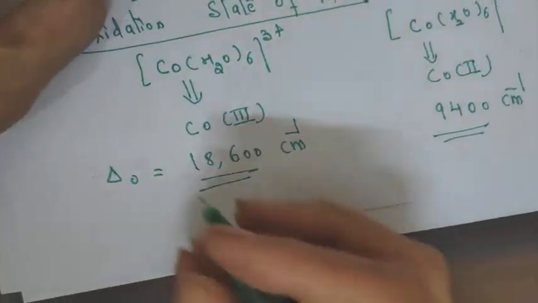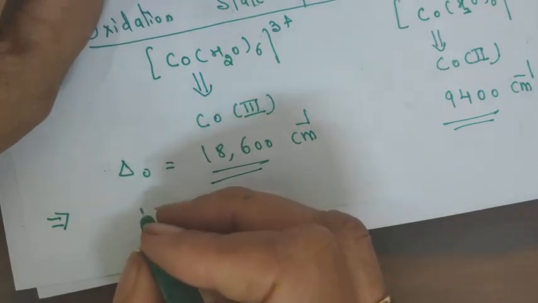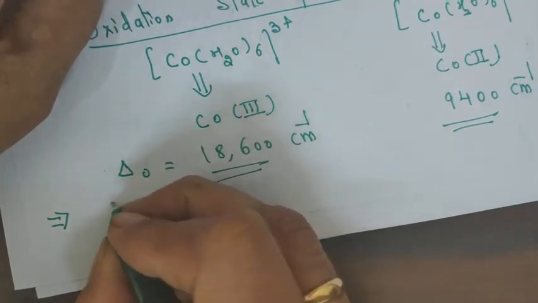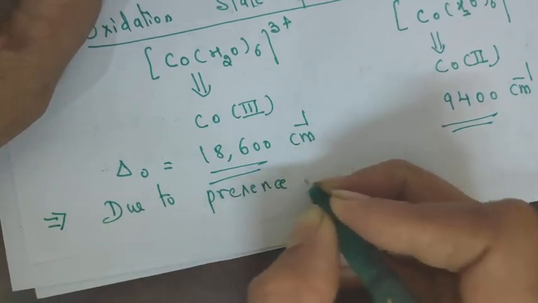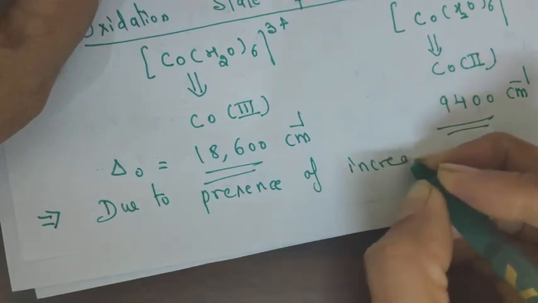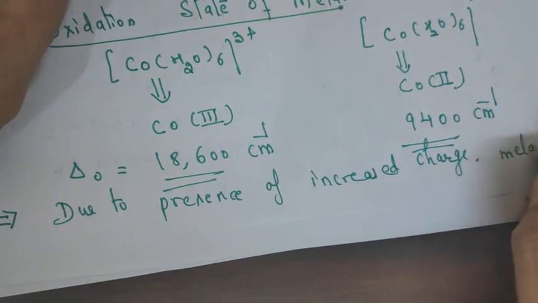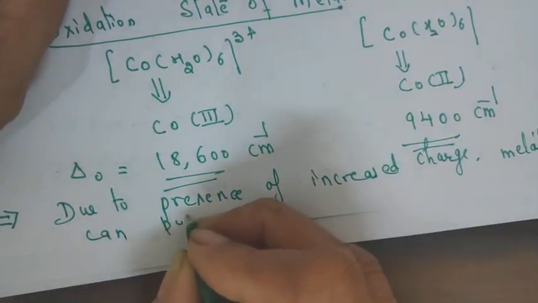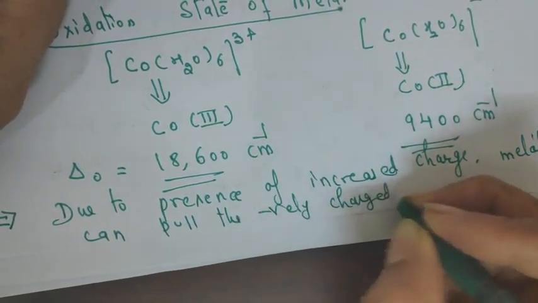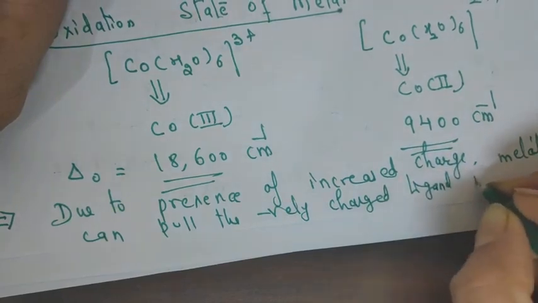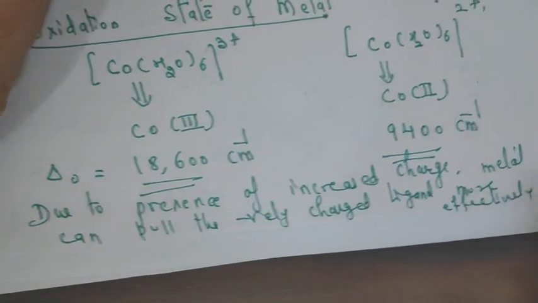This is because whenever the metal is present in a higher oxidation state, due to the increased charge, the metal can pull the negatively charged ligands more effectively towards itself.